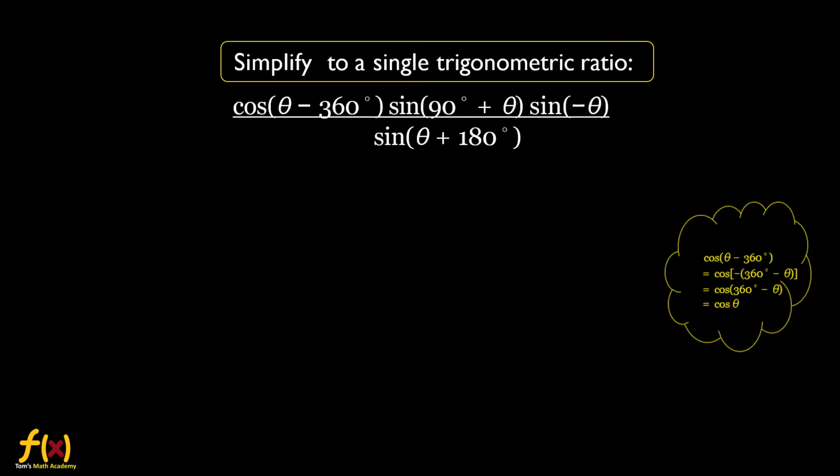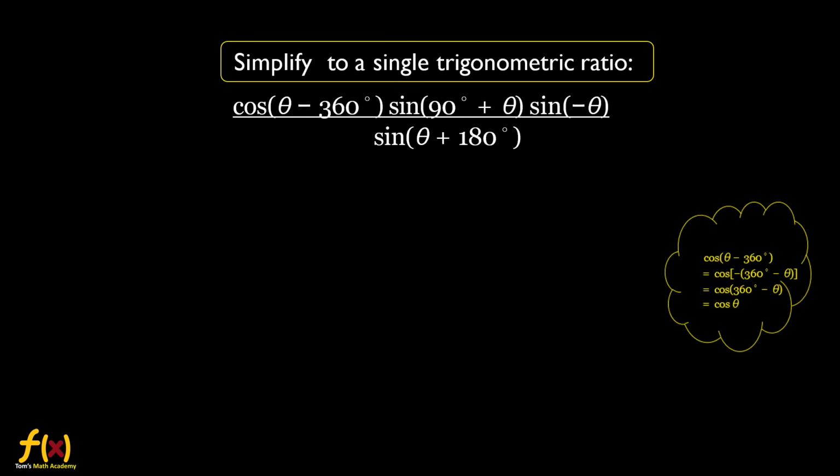It becomes cos of minus (360 minus theta). And we know that cos of a negative angle is the positive cos angle. So we get cos of 360 minus theta, which is in the fourth quadrant where cos is positive, so we reduce to cos theta.